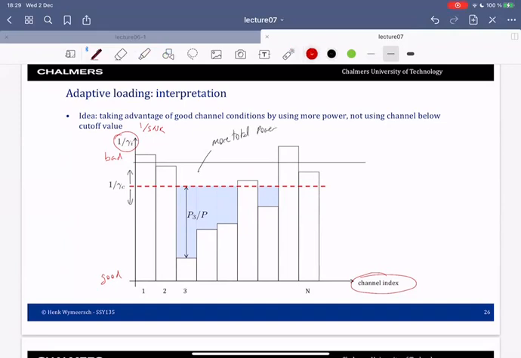If on the other hand we reduce the water level, we could have, let's say, a curve like this. In that case, we will have less total power. The total power would just be related to this. So the control of this water level is a way for you to make sure that you meet the total power constraint. But given this gamma_c, the problem has a closed form solution.